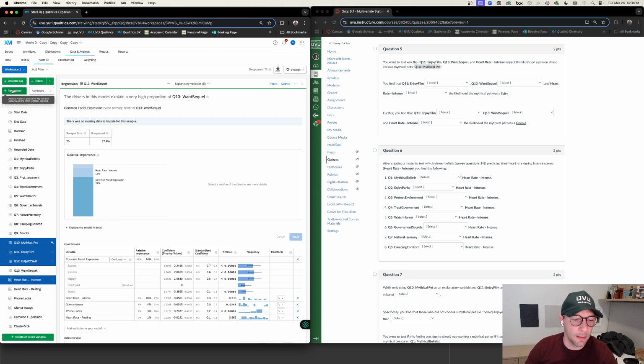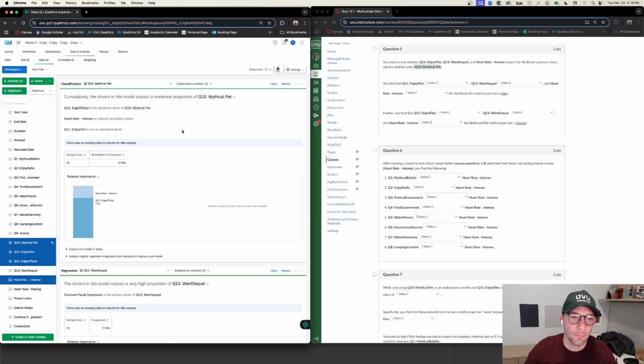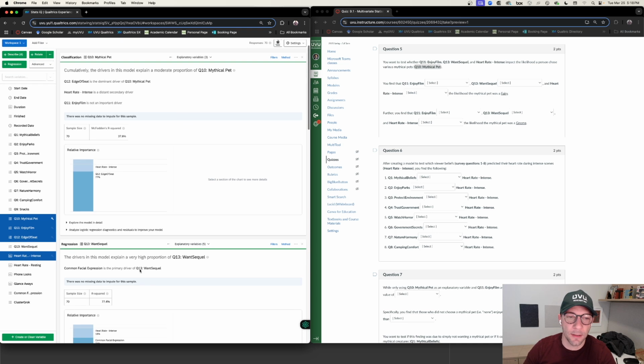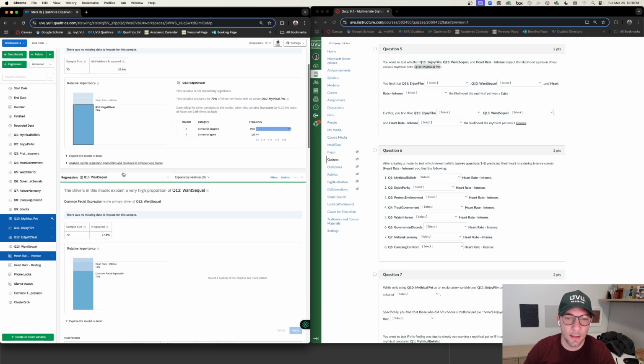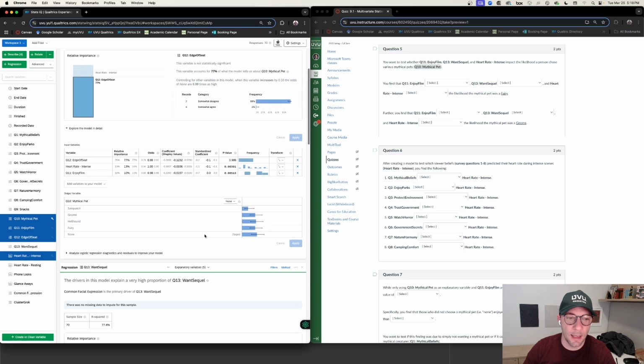I'm going to have edge of seat instead of want a sequel. I click regression. Okay, so this is all going to appear identical to what we've seen before. Mine's saying edge of seat is the most important, however, it's not significant. But I'm going to click on this model to see what's going on here.